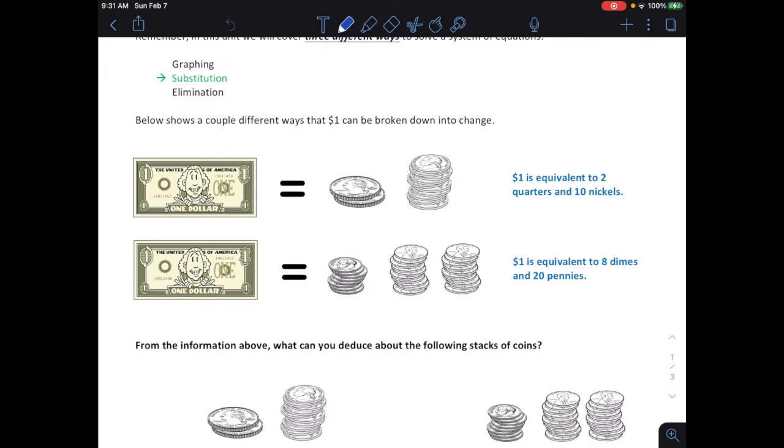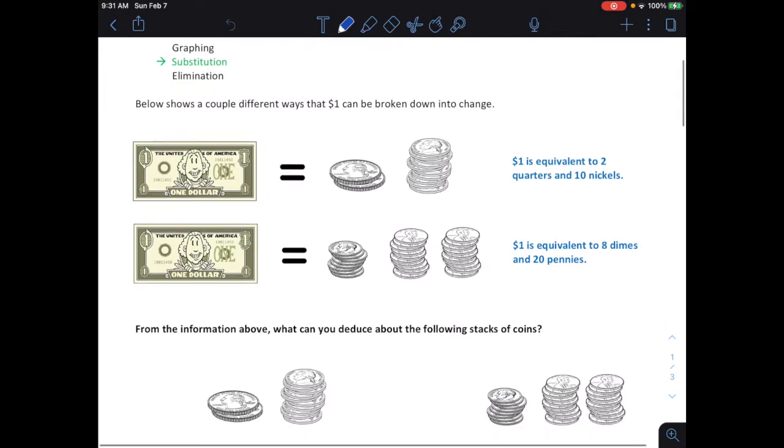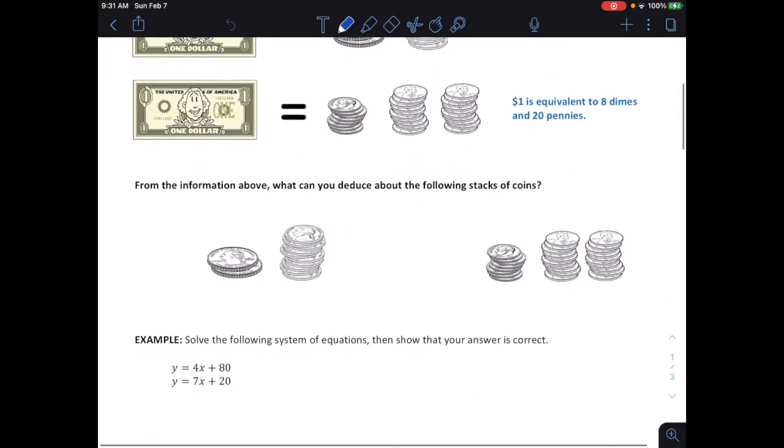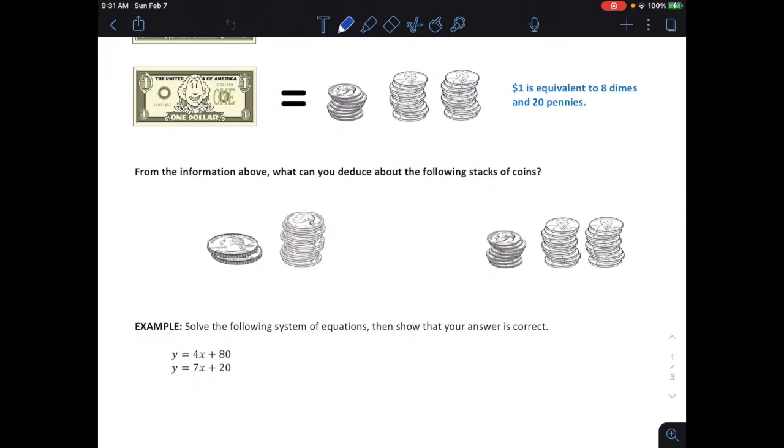Okay, and if we just take a look at that information right there, what can we deduce about these two stacks of coins? Number one is they're made up of different coins, right? But the important thing is that on the left-hand side, we have 2 quarters and 10 nickels, which is $1, right?